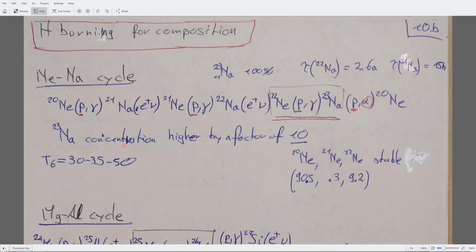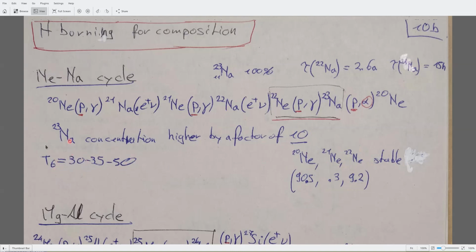So the concentration of sodium can be higher by a factor of 10. Neon, which has an even number, is stable in all three isotopes, 20, 21 and 22. Mainly it is neon 20, but the others are less produced at the end of everything.